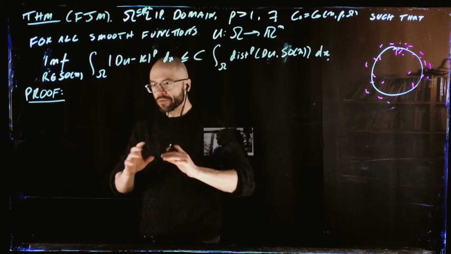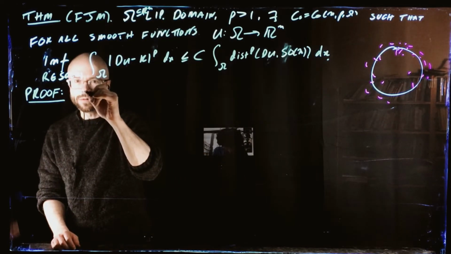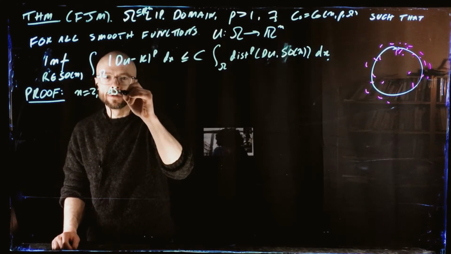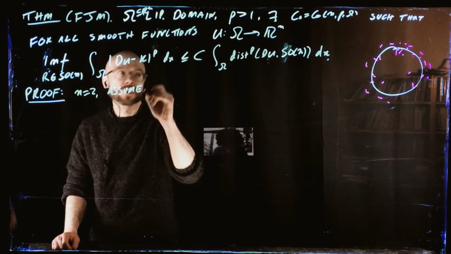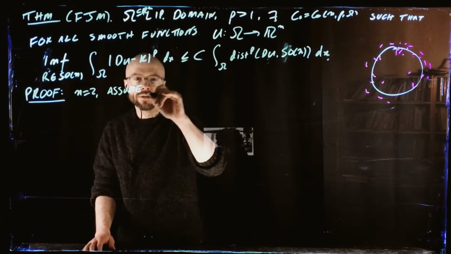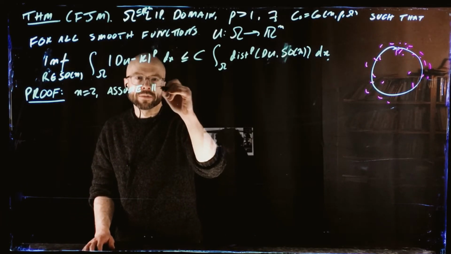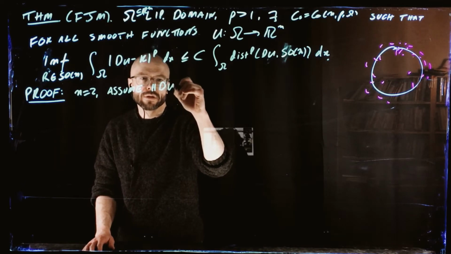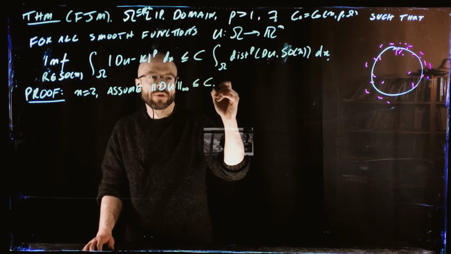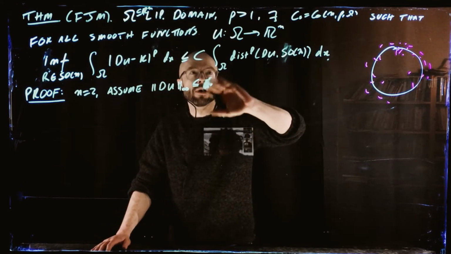So, we're going to prove it in the special case n equals 2, and we're going to assume that the gradient of u is bounded by some absolute constant. Let's call this constant C1.